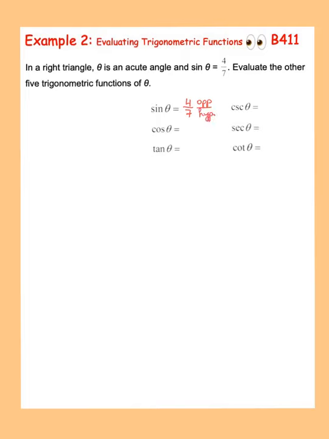So for me to have a clear picture, I am going to draw a triangle and label the triangle. So let's go ahead and draw a right triangle as much as I can. A right triangle. And so now I can go back, label the right angle right here.